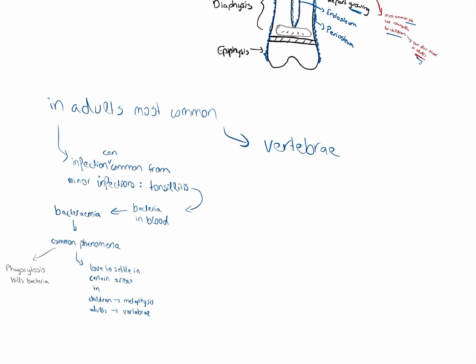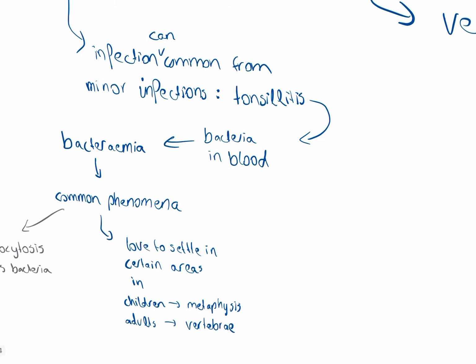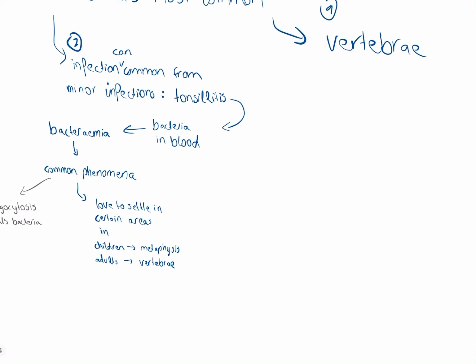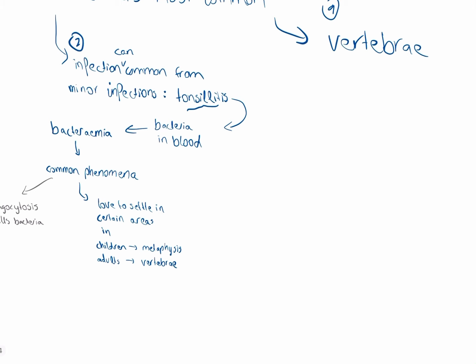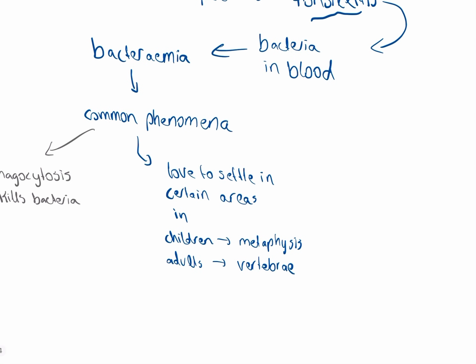So the infection, this is the first and most common type, and we can also say the infection can come from minor infections such as tonsillitis. If we have tonsillitis, the bacteria can go into the blood. And if we have bacteria in the blood, we have the so-called bacteremia. This is a common phenomenon.